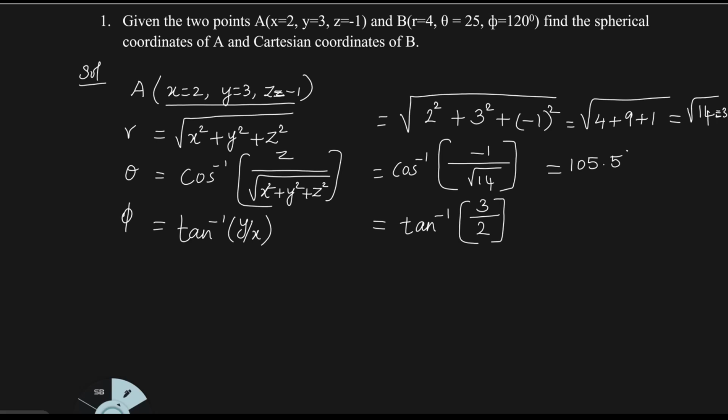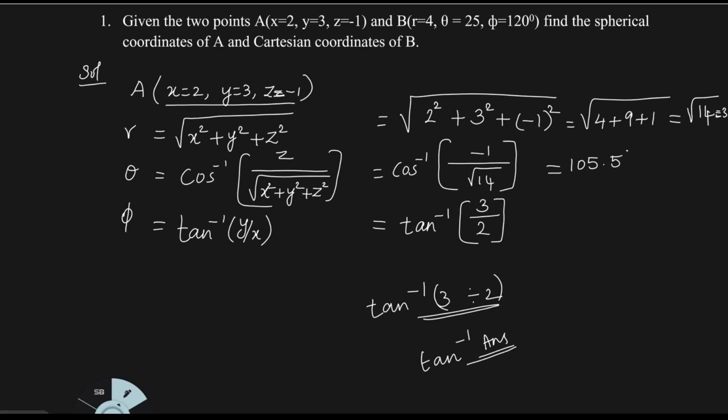While using the calculator, if you press tan inverse of 3 divided by 2 in one go, it does not give the correct answer. First, we have to divide 3 by 2, and then type tan inverse of that answer.